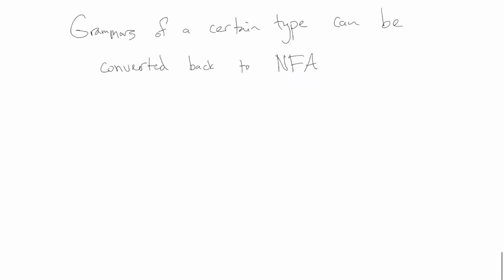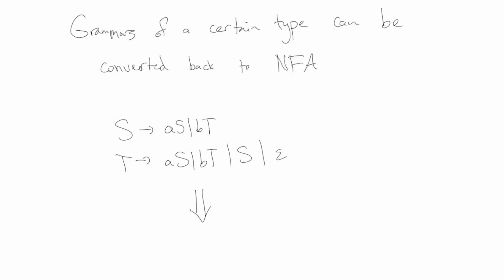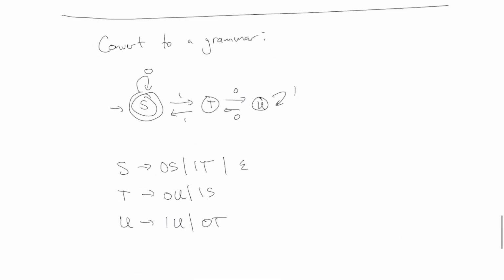For example, if it said S goes to AS or BT, T goes to AS or BT or S or epsilon, this can be converted back to an NFA because every production looks like a terminal, that's the little letter, followed by a non-terminal. And we can convert that back into an NFA just by reversing the procedure that you all just did up here for this example.